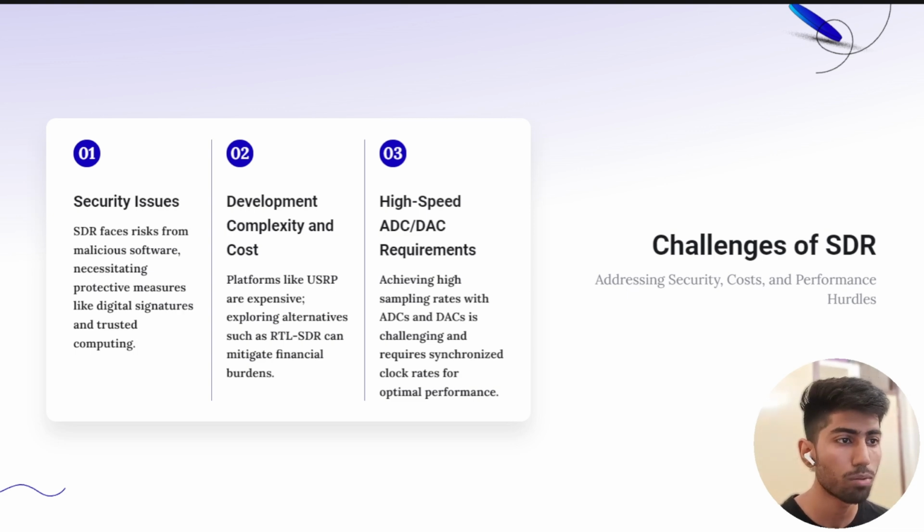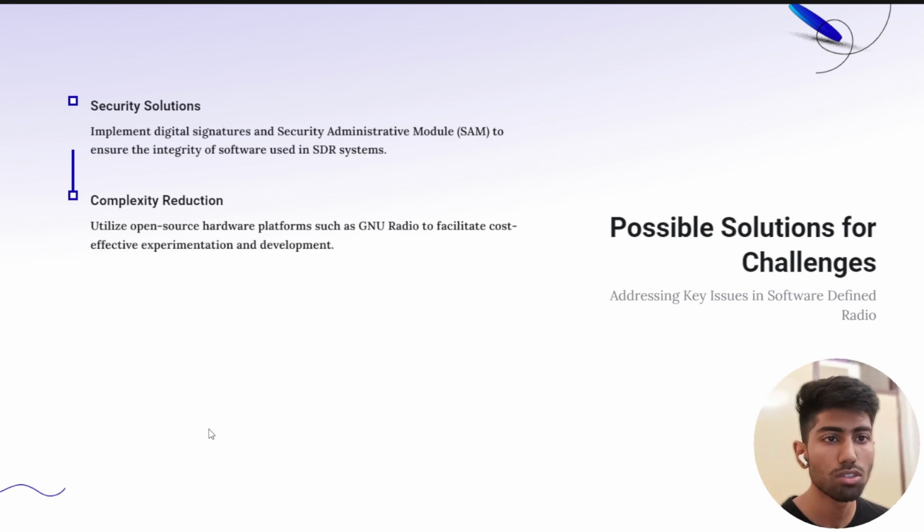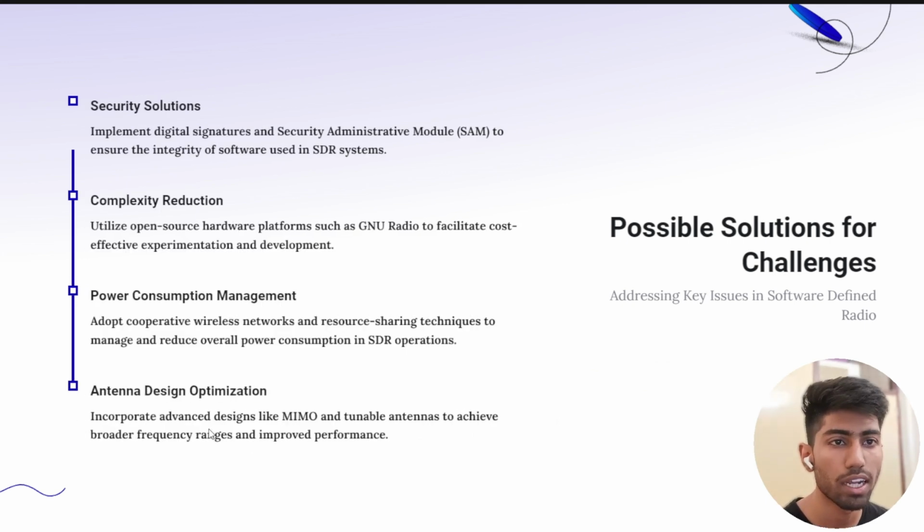And what are the possible solutions for these challenges? For security, we can implement digital signatures and a security administrative module to ensure the integrity of software used in the SDR system. There is also complexity reduction: we can utilize open source hardware programs like GNU Radio to facilitate cost-effective experimentation and development. Power consumption management is also a solution.